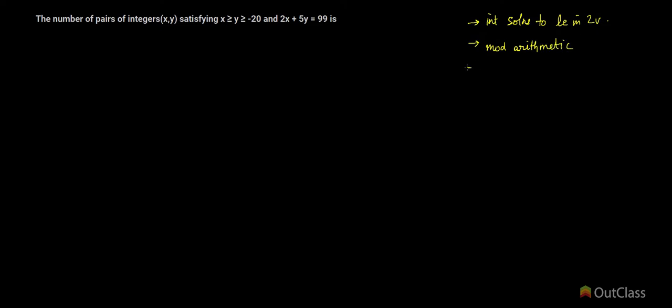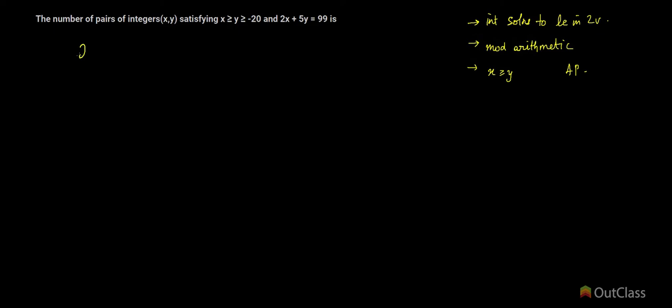I'll explain. And then you have the x ≥ y constraint, which is a small twist on what I normally see on this kind of question. And then counting the total number of solutions without listing all of them out is usually some basic AP stuff. Number of terms in an arithmetic progression.